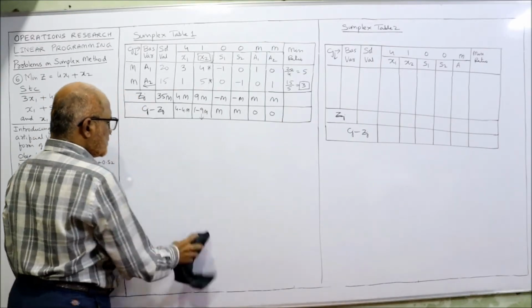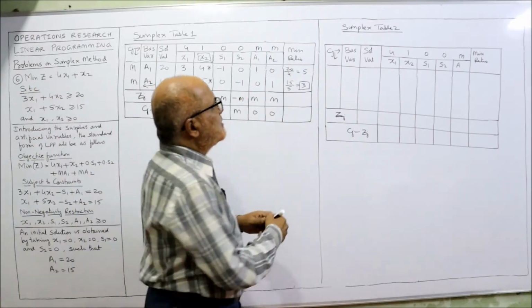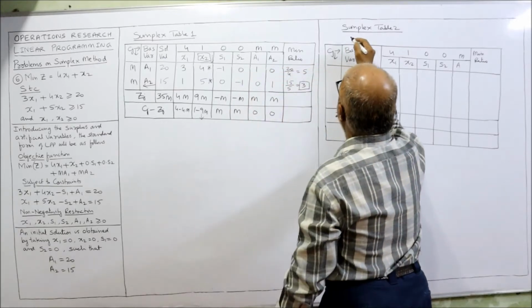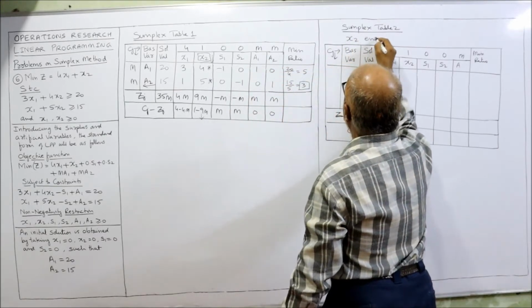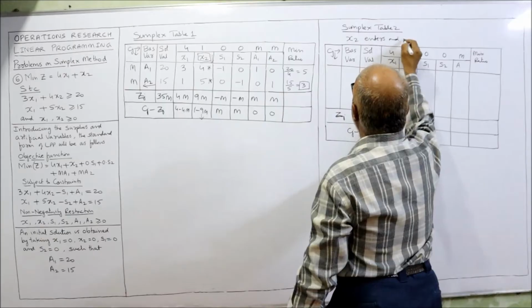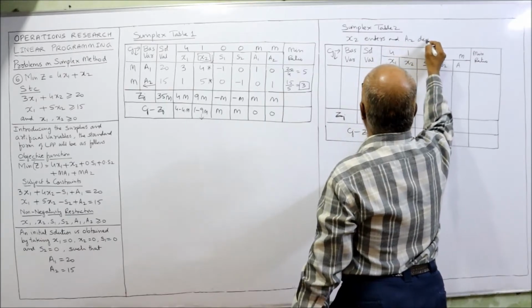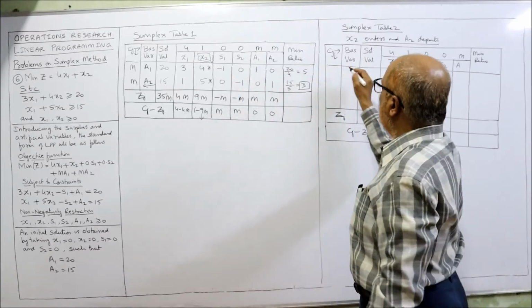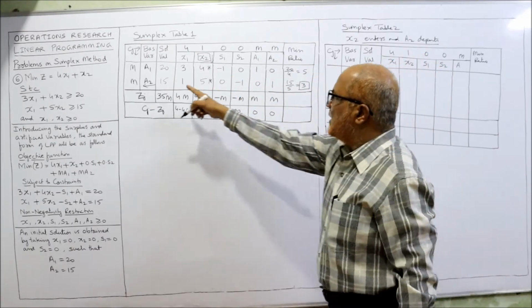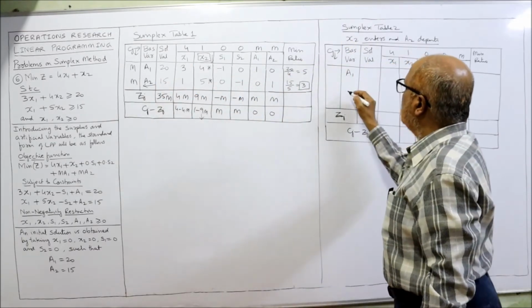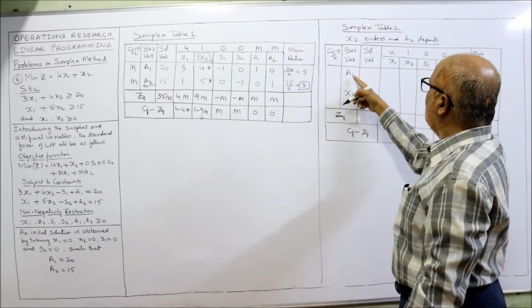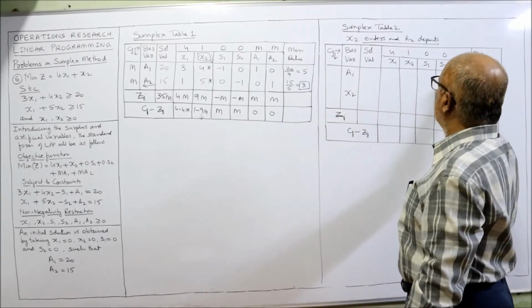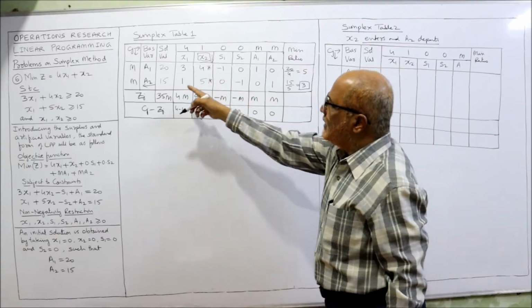Right? So this is the next table. So x2 enters and A2 departs. So here the first one, A1, remains as it is. In place of A2, now I am writing x2. Which one is departing here?